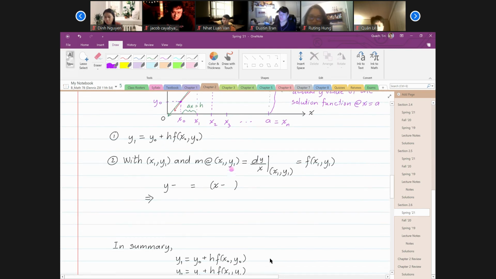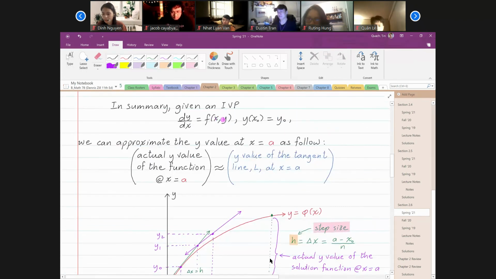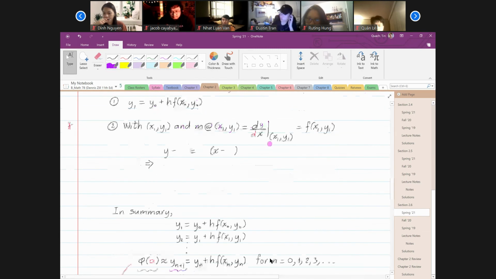The slope of the tangent line is dy dx at x sub 1, y sub 1. So you plug into the function. Remember that dy dx is f of x, y. So at x sub 1, y sub 1, you just plug in x sub 1, y sub 1. So you have the slope.